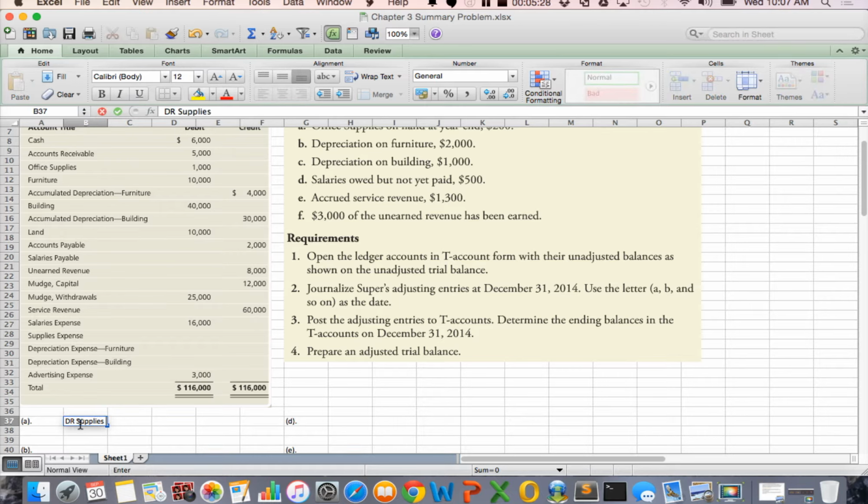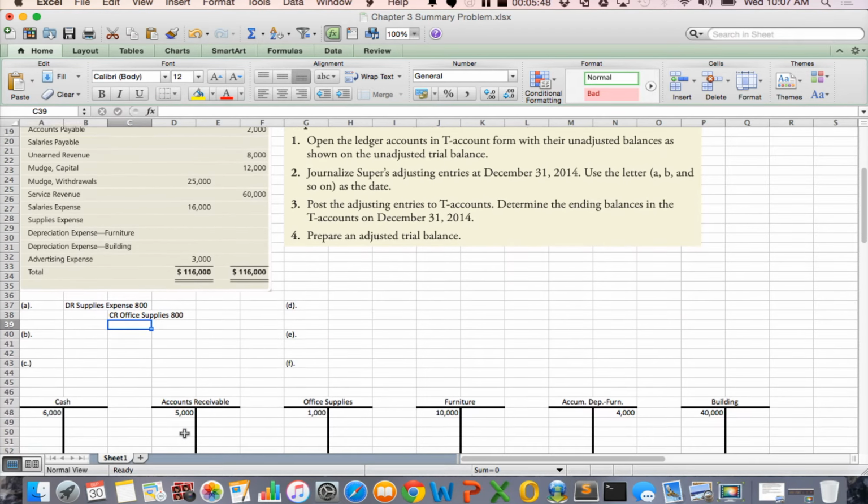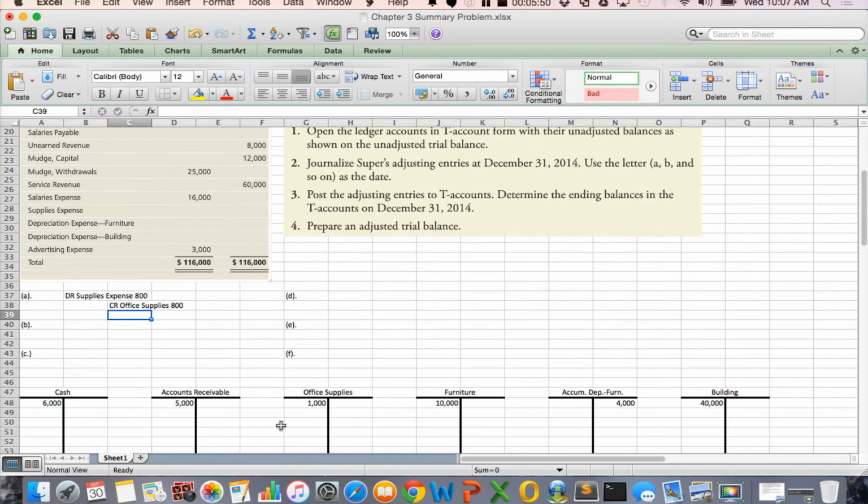So I have a debit to supplies expense for $800 and a credit to office supplies for $800. Okay? And when I do that, and this will be the next step, is actually putting it on the T-chart, but you can see from the office supplies T-chart, it's got $1,000 on the left side.